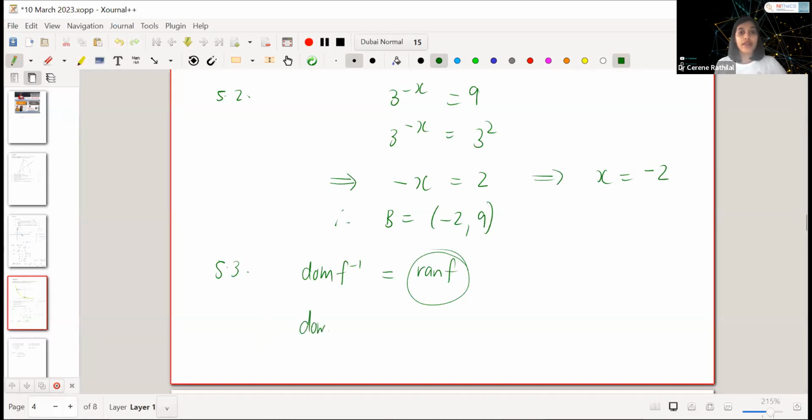Therefore, the domain of f inverse is going to be all the x's in the reals, because we're working on the x coordinate, but only taking the values that were positive. So it will be all x strictly greater than 0.